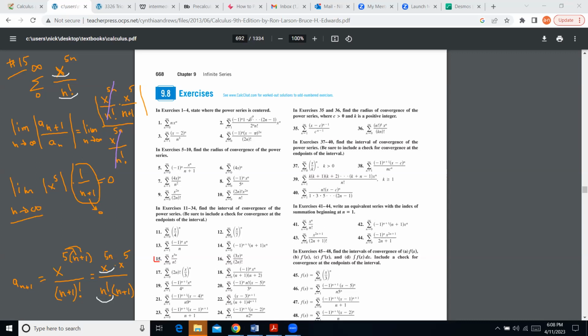And this is great because it means that x doesn't really matter. The limit is smaller than 1 for all real values of x, which means that the series is convergent at any point x.